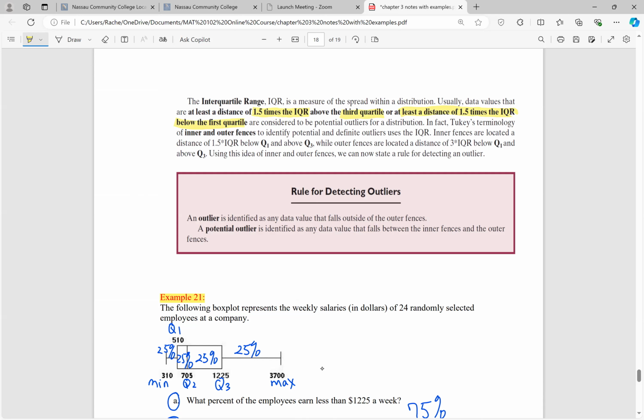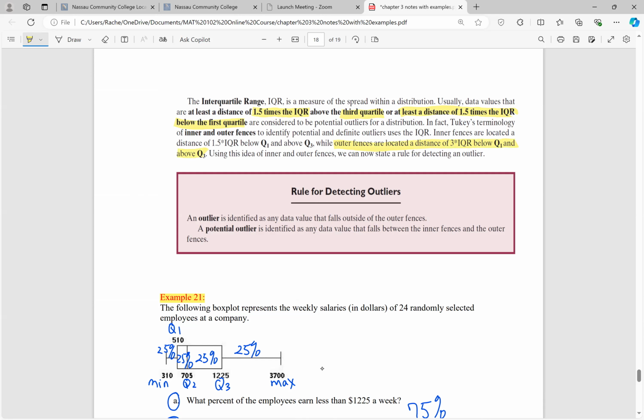Now we can also calculate the outer fences, which are going to give us data values that are even further away. So the inner fences are located a distance of 1.5 times the IQR below Q1 and above Q3. The outer fences are located a distance of 3 times the interquartile range below Q1 and above Q3.